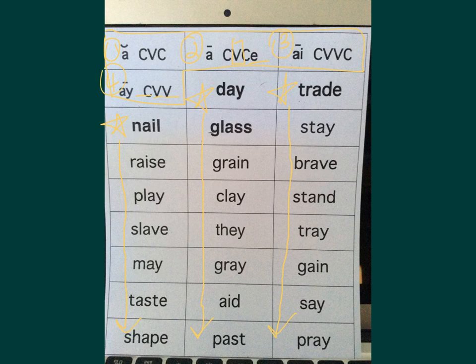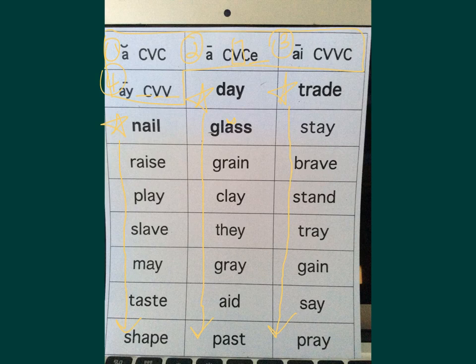And as I look through this first column with nail and raise and play and slave, may, taste, shape, as I'm saying them, I'm hearing the A say its own name, A. Second column, I have day, glass. So A and A are 2 different sounds. So in the word glass, you have a short A sound. So that would go under your short A sound.